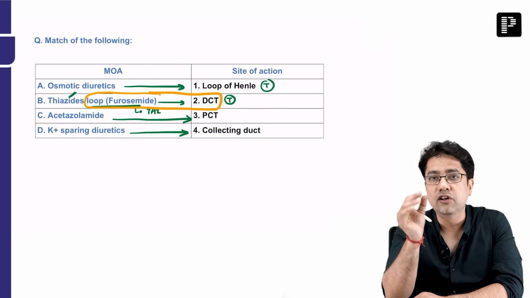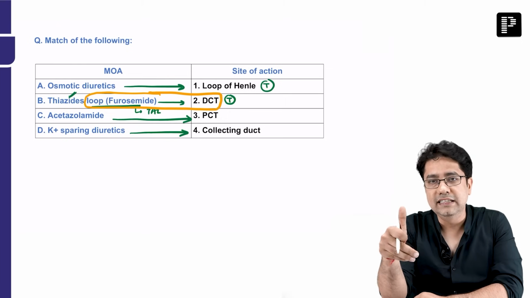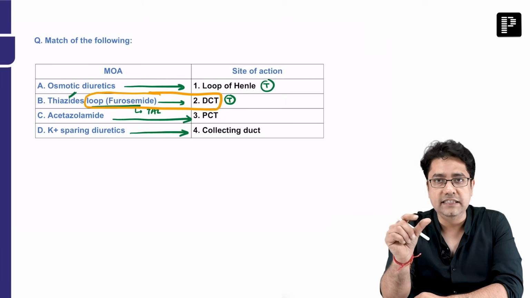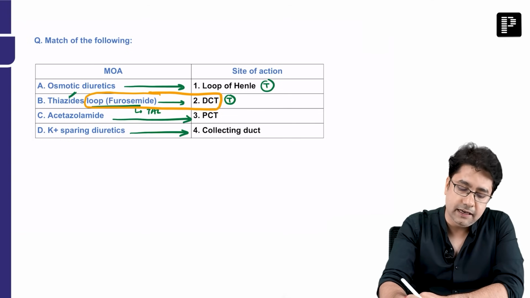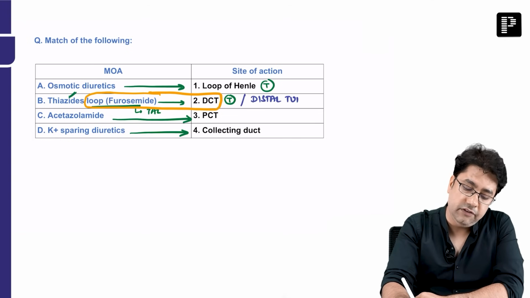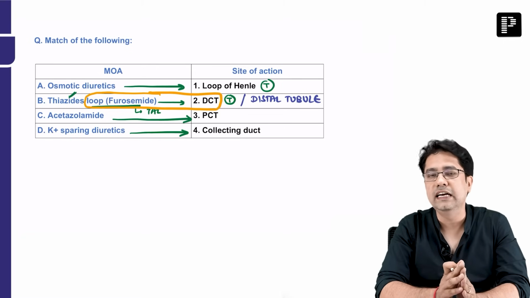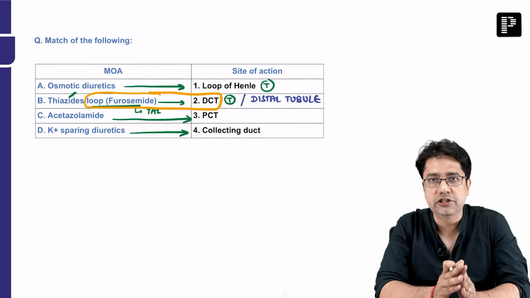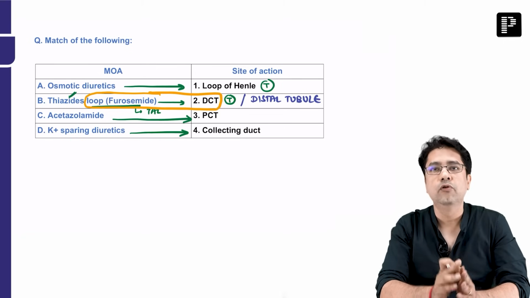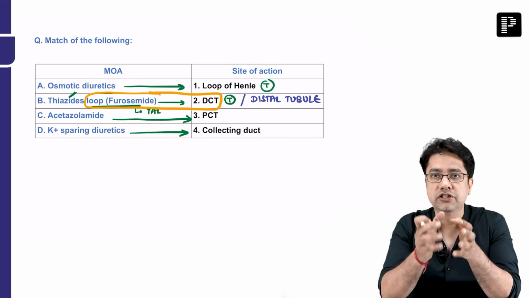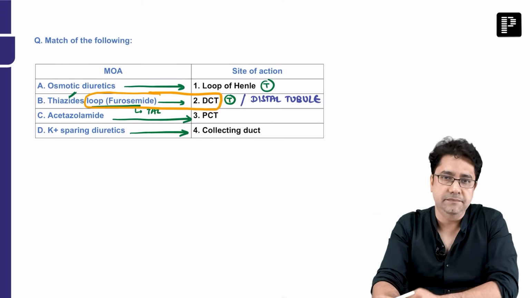They rather act on the thick ascending limb, while thiazide diuretics act on DCT. But some students told me that instead of DCT, distal tubule was written. If distal tubule is written, then the answer is yes, both thiazide and loop diuretics act on distal tubule, because distal tubule is a combination of thick ascending limb and DCT.